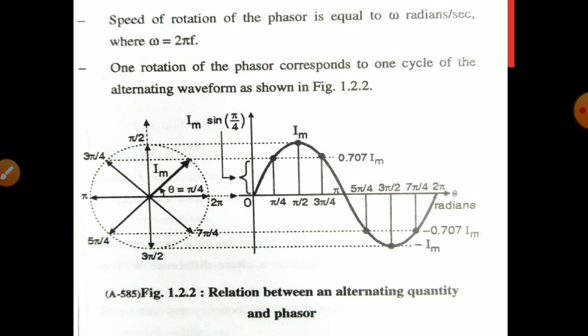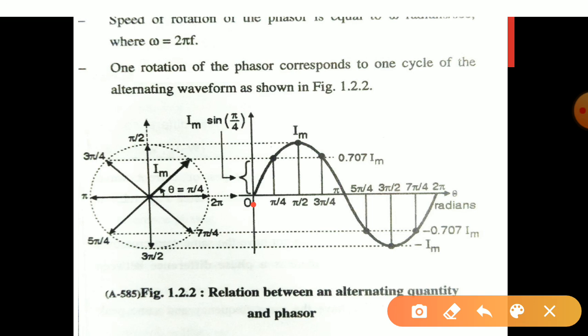Now we'll see the relation between the alternating quantity and the phasor. Up till now we have studied energy in the form of single phase, that is, a sinusoidal wave. This sinusoidal wave repeats after each 2 pi.